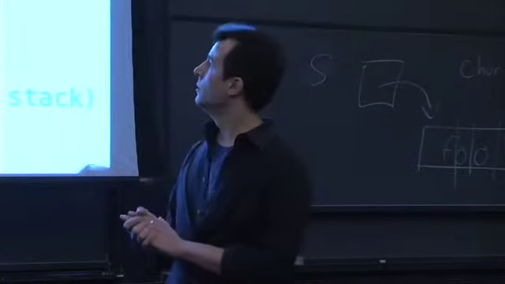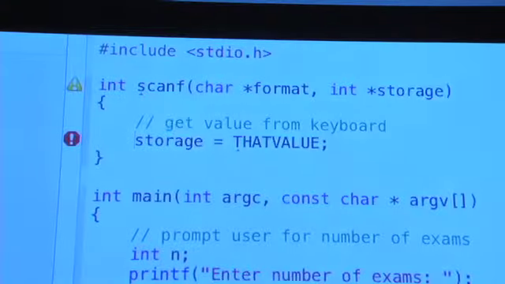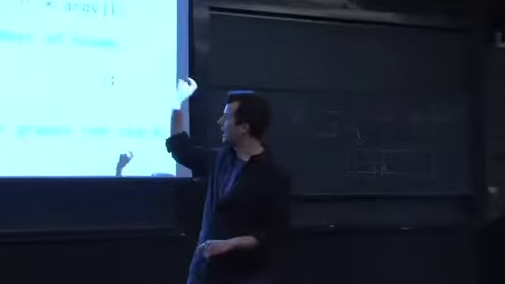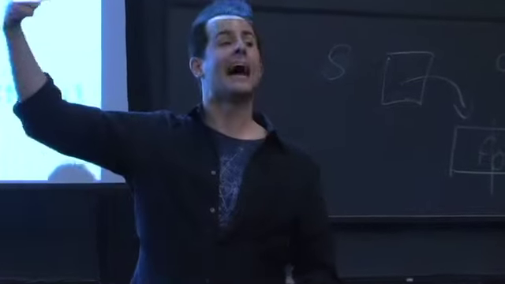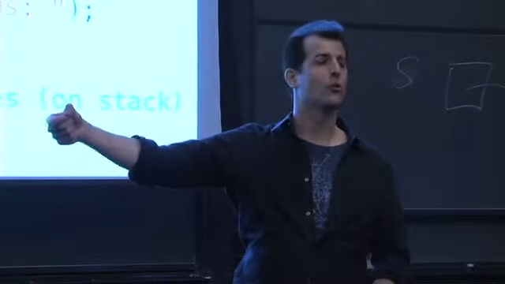But even if you forced it to compile, you'd be changing the contents of storage, not what's at the address that was pointed at by storage. You're changing the wrong bits.